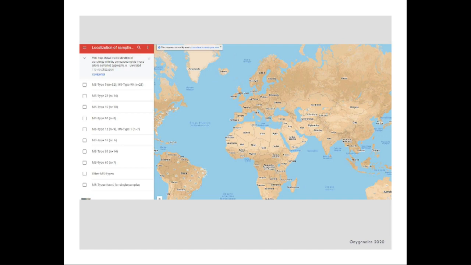Unfortunately, I cannot navigate from here on this map, so I can just show you some screenshots. When the user accesses this Google map, he can decide, clicking on the box on the left, which genotypes he wants to see.